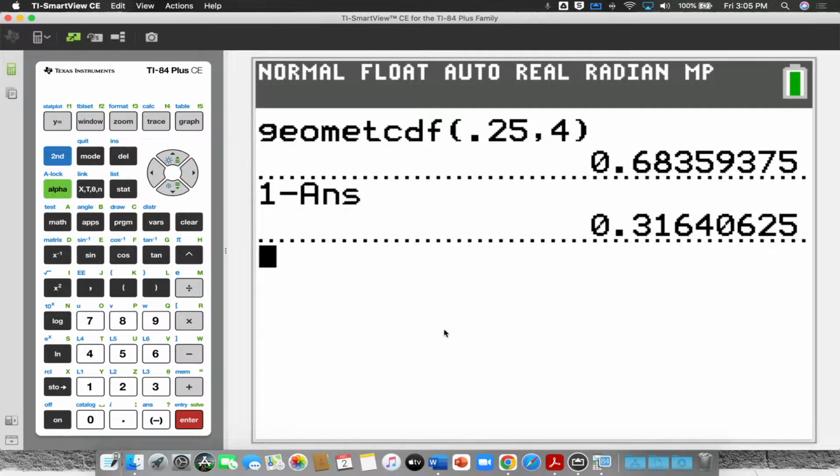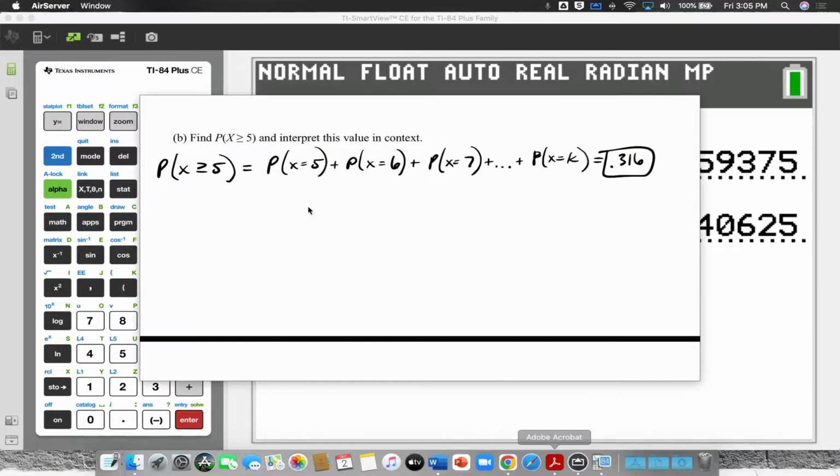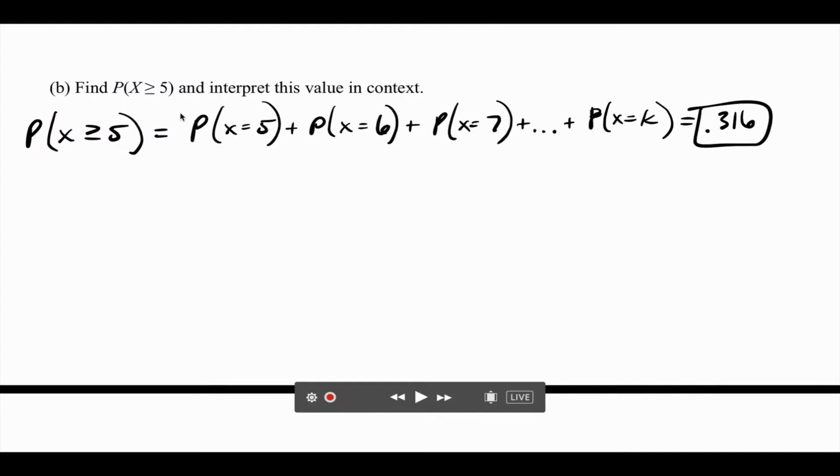0.316. So that's the probability that it takes them at least 5 tickets. Okay, so let's write that, let's interpret it.